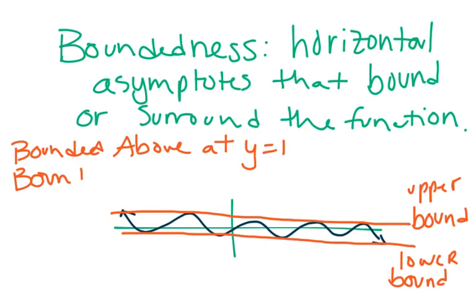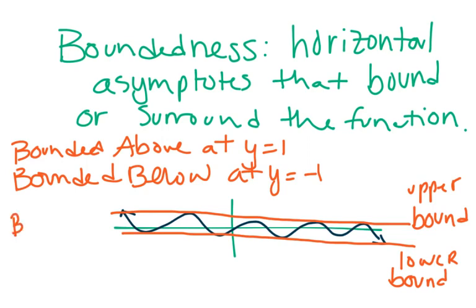Then you could also say it's bounded below at y equals -1. Or you can just say bounded in general because it's got both, above and below. So that is your bounded.